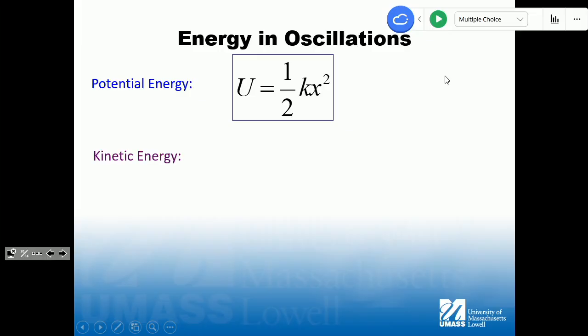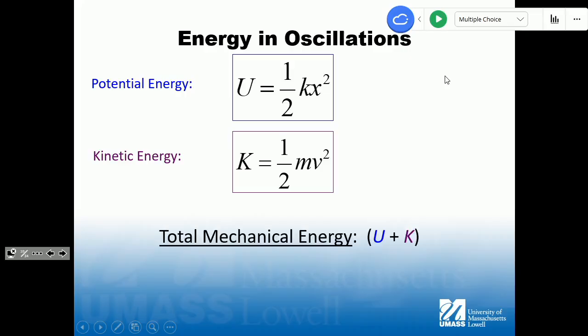The kinetic energy, of course, is in the block, the block that's actually moving, oscillating. It has a V, so it has kinetic energy. It has a mass and a speed, so its KE is 1/2 mv squared. The total energy, if we neglect friction, will be conserved.